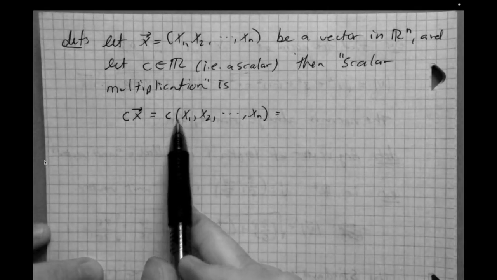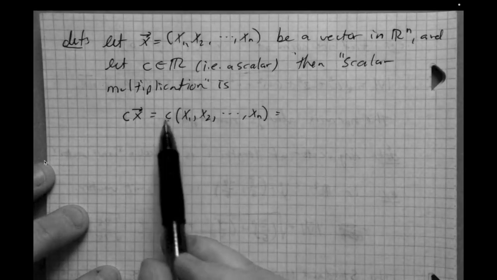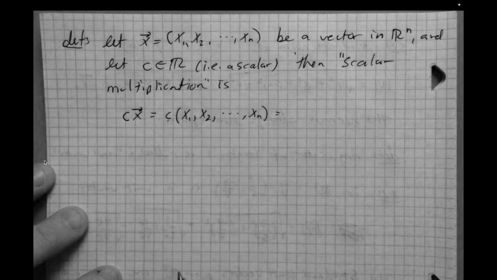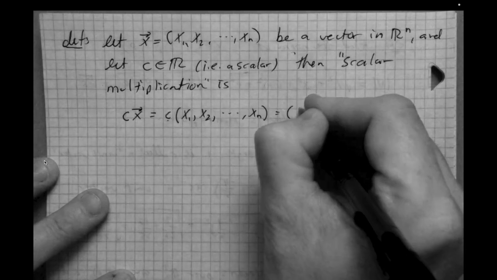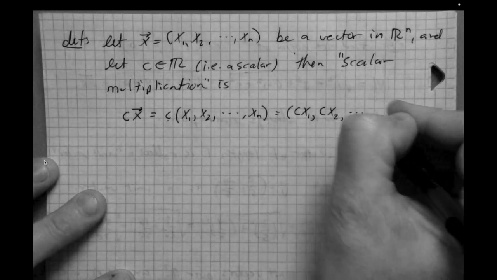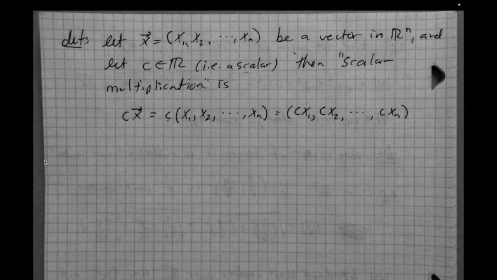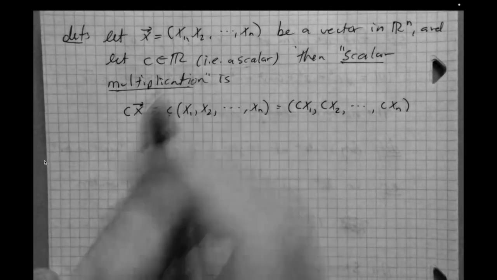Well, you basically take the scalar and multiply it by each component separately. So this is going to be equal to c times x1, and then c times x2, and so on, all the way up to xn. This is what we mean by scalar multiplication.